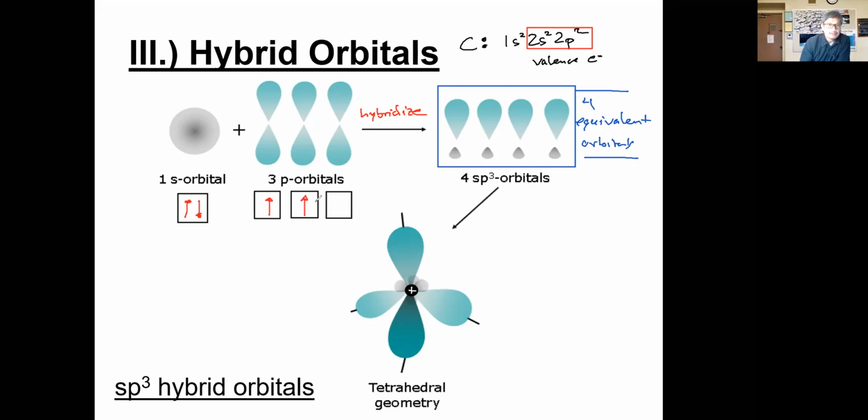That's where we get, when we did the Lewis dot structure for carbon, we drew carbon as an atom with 1 pair and 2 lone pairs. So this is the carbon atom right there.